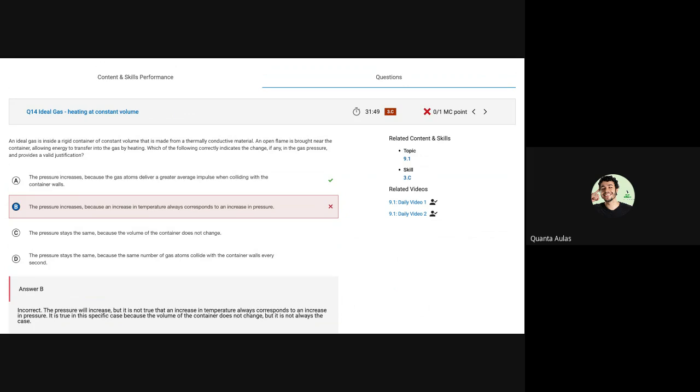So if you increase the temperature, you increase the speed of the particles, you increase the force with which these particles hit the walls, right? So the right answer is A.